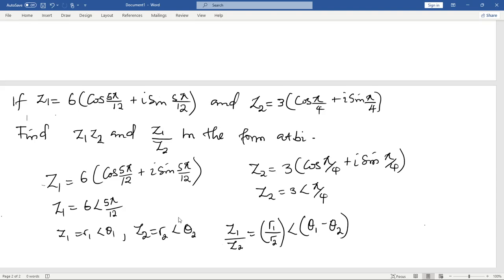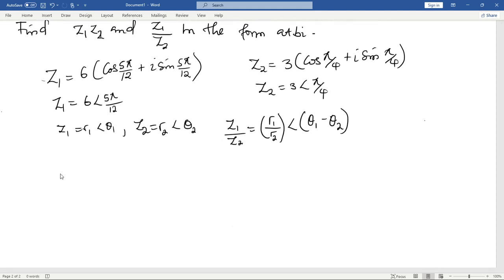So since we're dividing here, which is the second part there, we just divide the moduli, the two moduluses that we have there. Then we also subtract the angles this side here. So let's do it.